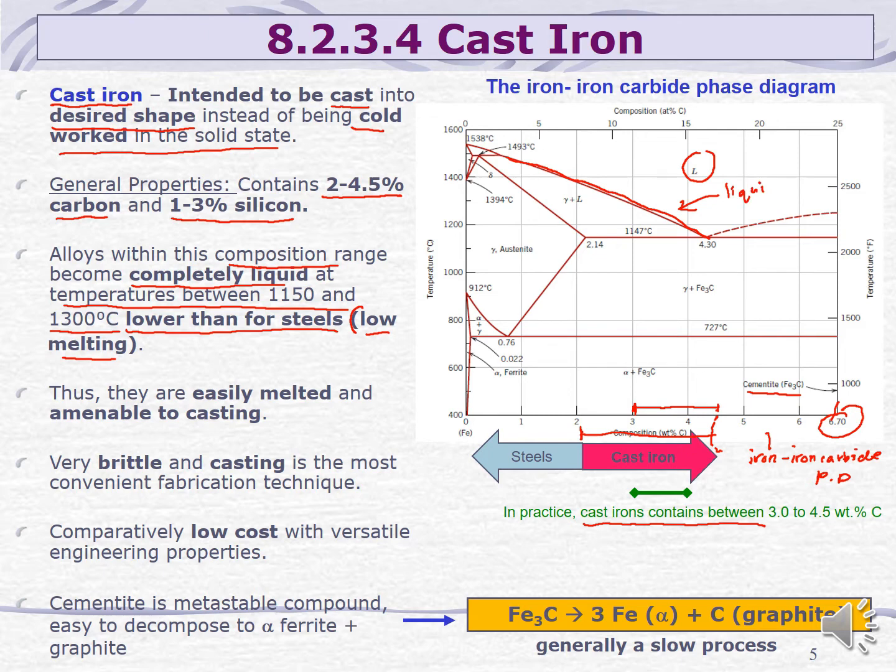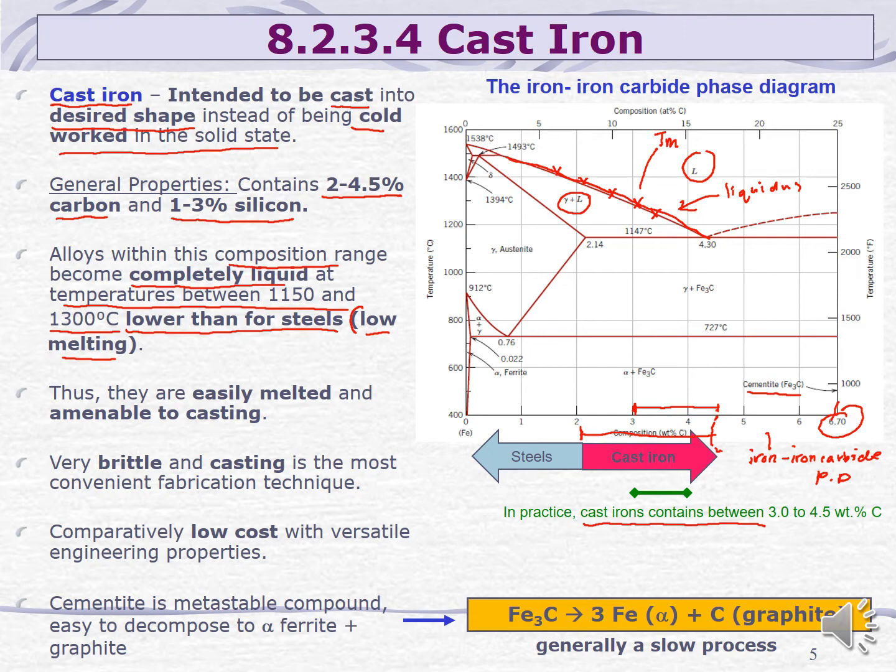This liquidus line separates between these two phases, between the liquid and also liquid plus gamma phase. And any point on this line will represent the melting temperature of the alloy.